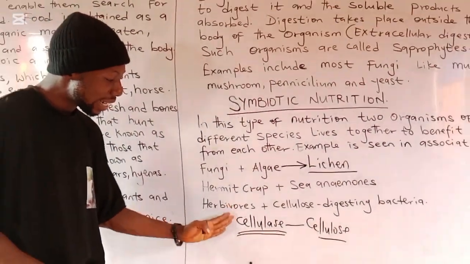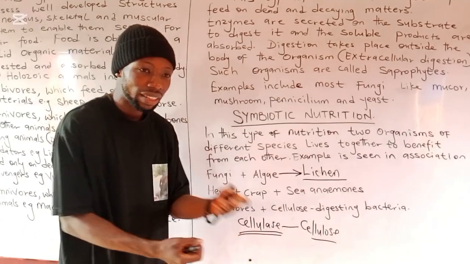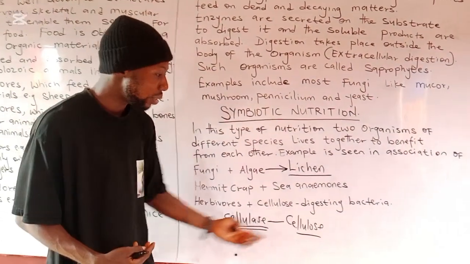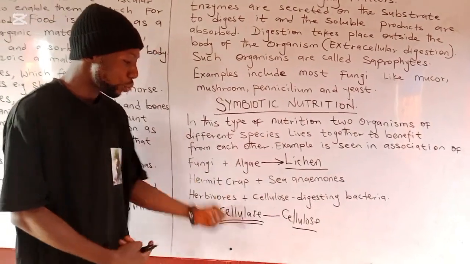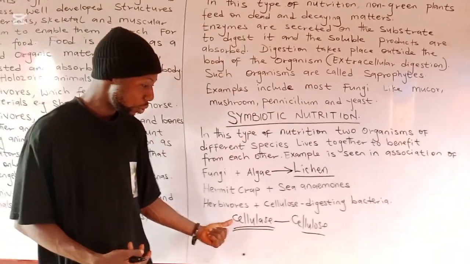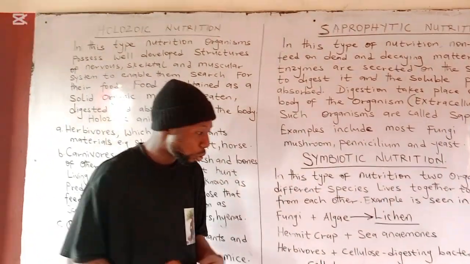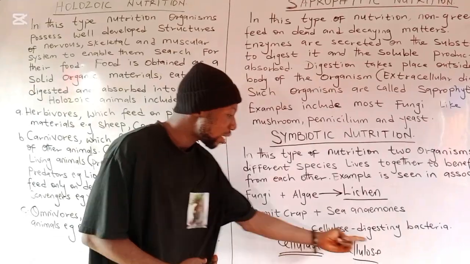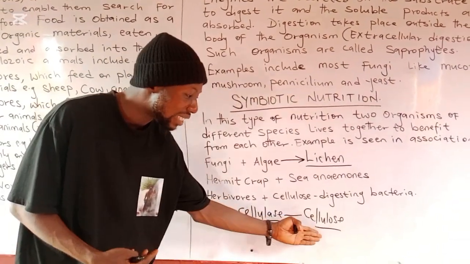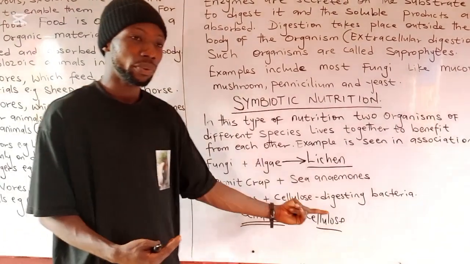So the herbivores here cannot produce cellulase. Now, there are some bacteria that live inside their stomach. The bacteria in the stomach feed on the cellulose in the stomach of the herbivores, and in doing so they produce cellulase. The cellulase will then digest the cellulose inside the stomach of the herbivore.